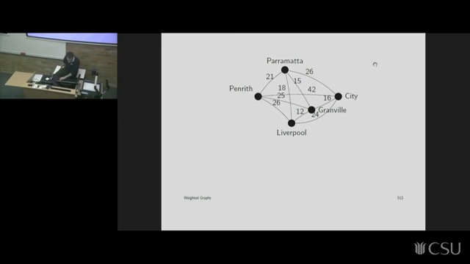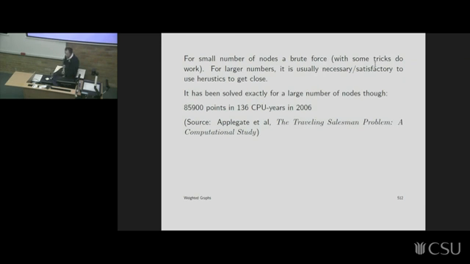So just to show you what some will do with brute force. A few years ago, someone had a graph. I can't remember what it corresponded to. It had a lot of points. 86,000 different nodes in a graph.